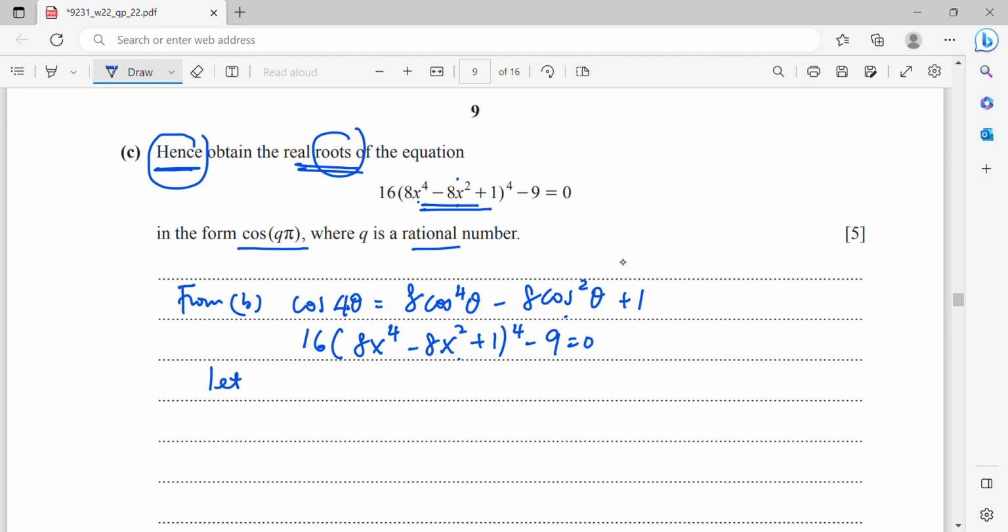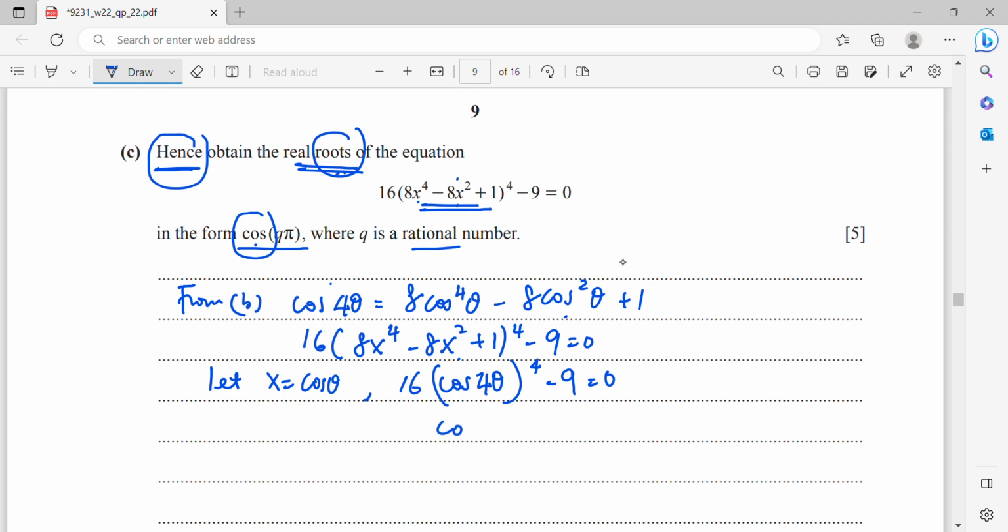So let x equal cos theta. This is the reason your root, which is the x, will be in terms of cos, cos q pi. This is how we get the cos theta over here. So I will get 16, and this whole bracket will be cos 4 theta.